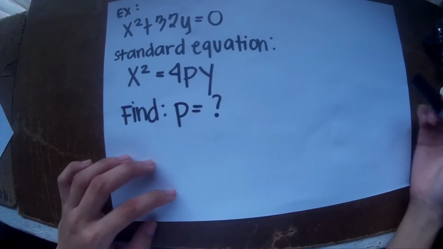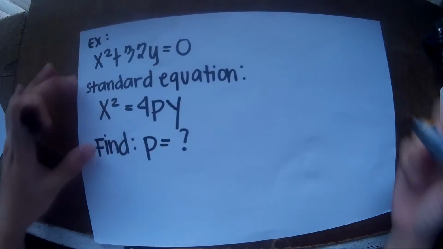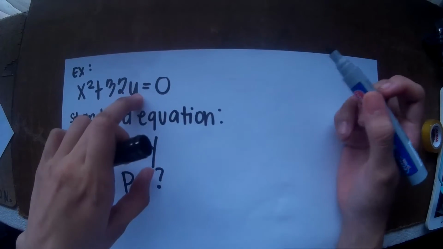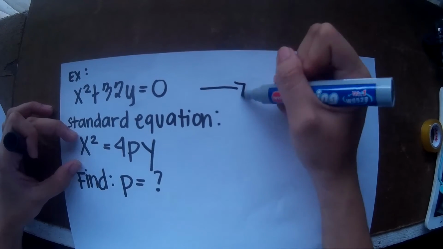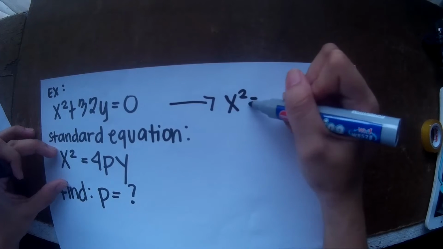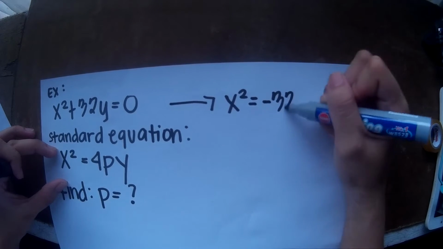So to find our p value, we will first rewrite this problem into our standard equation. So it's going to be x squared equals negative 32y.